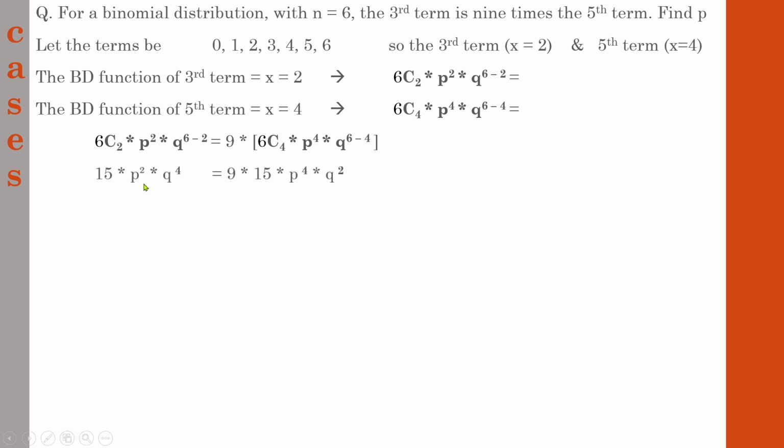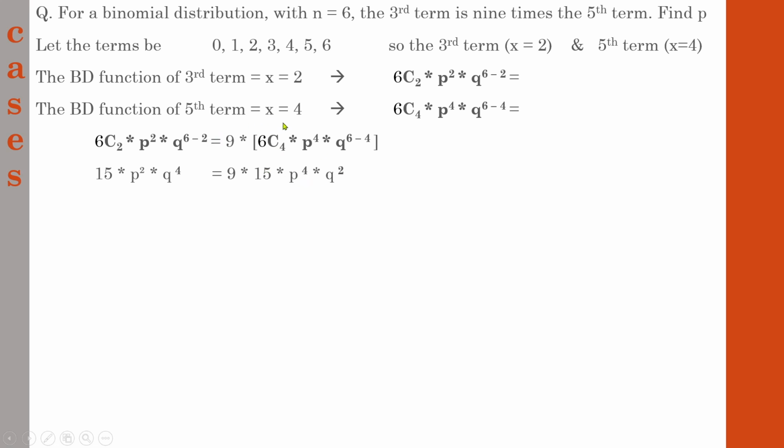So it can be written as 6C2, we can solve that one. So it is 15 into p raised to 2, and q raised to 6 minus 2, that is 4, equal to 9 into again 6C4, which is 15, into p raised to 4 into q raised to 2.